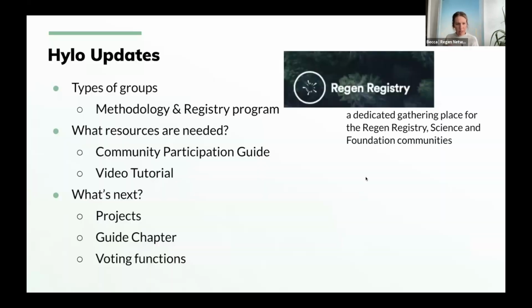And the things that are next that we're working on around Hylo are how projects show up there, so upcoming methodologies that are being developed. Everything is kind of all within that space. We're working on different functionality around voting, trying to think about how we can use simple style voting mechanisms within Hylo to start exercising that governance muscle within our community.